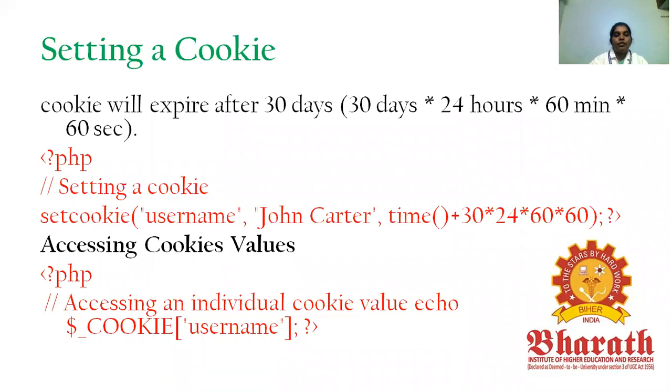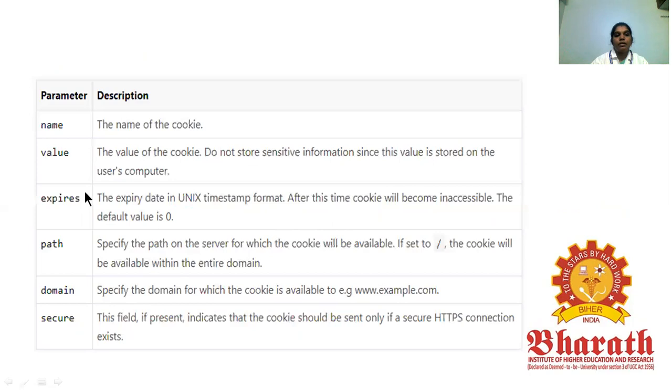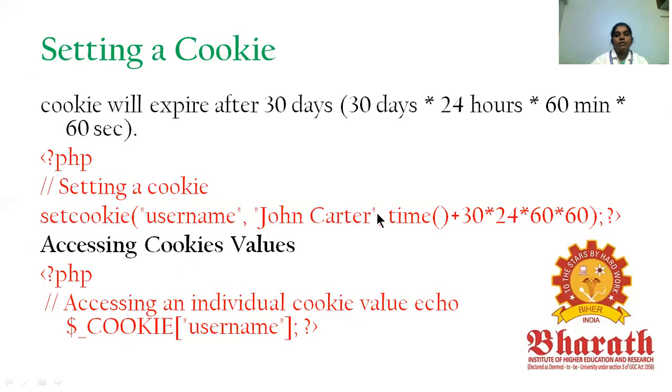See the example for cookies. The cookie will expire after 30 days, which means 30 days into 24 hours, into 60 minutes, into 60 seconds. See here, setcookie username, followed by the argument name, then the value, and this is the time.